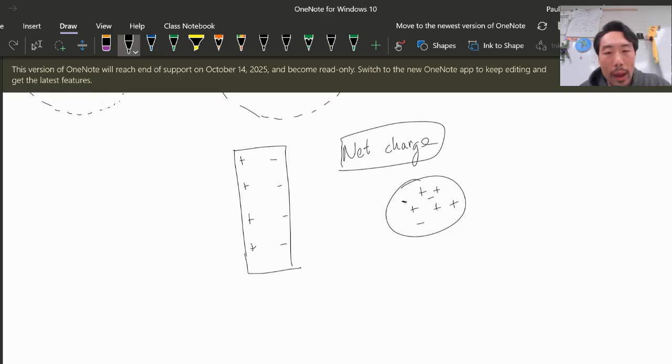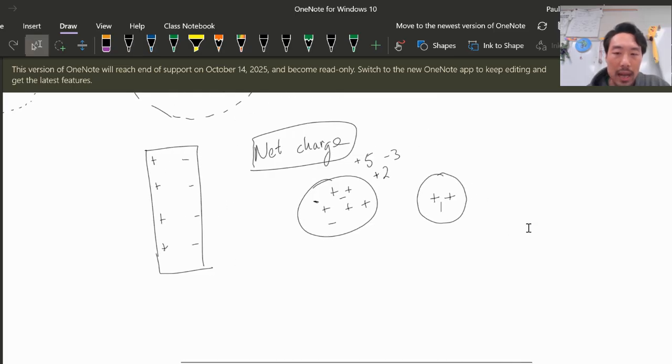So an easier way of representing this is to just draw the overall net charge. We have 5 positive and we have 3 negative, so the net would be 2 positive. So we would just draw it like this. Or we could represent the object as just 2 positives or plus 2.